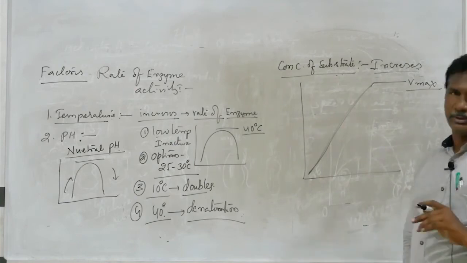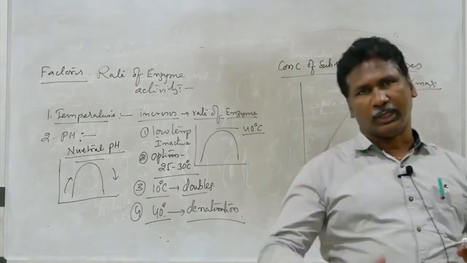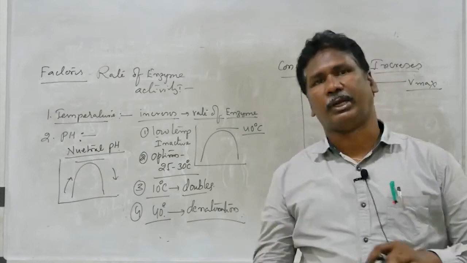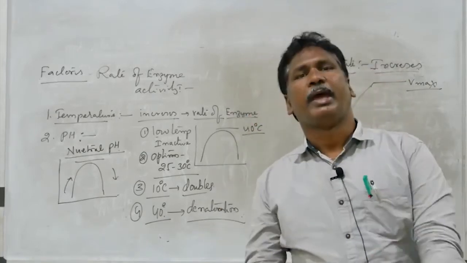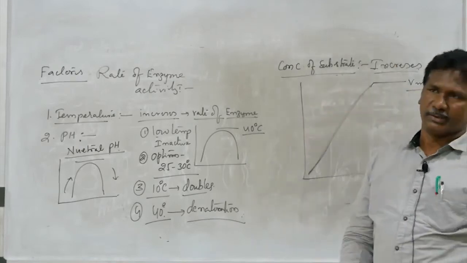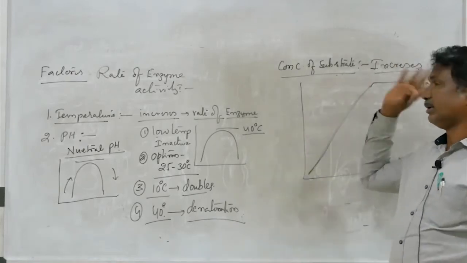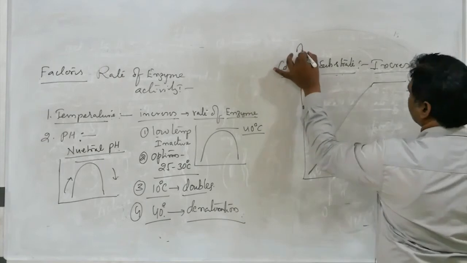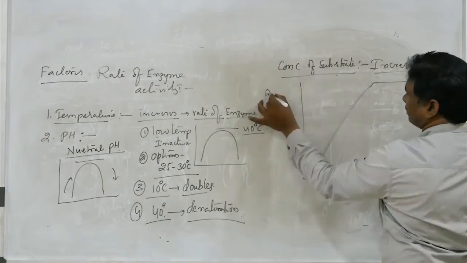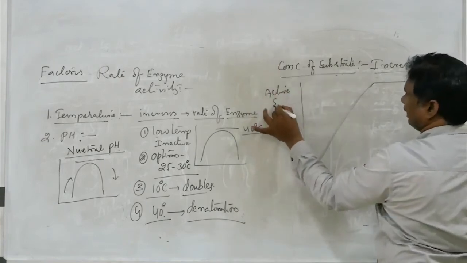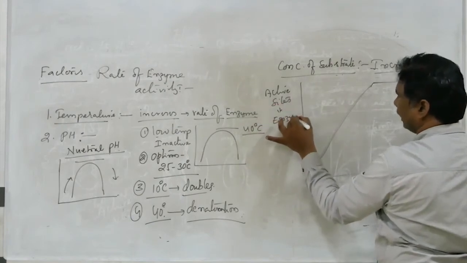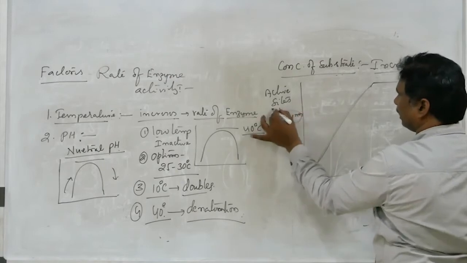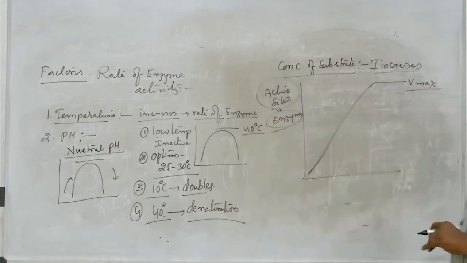After that, when the enzymatic activity has reached the maximum level, there is no further increase, because all the active sites in those enzymes are participating in the enzymatic reaction.